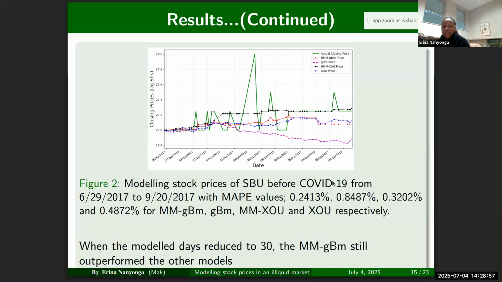The mean absolute percentage errors are in percentages. Then the combination of the Markov model and XOU was 0.3, and for the XOU, 0.4872. This shows that the combination of the Markov Model and the simplest SDE gave more accurate results for Stanbic Bank Uganda when used to model the next 50 days compared to the other 3 models.